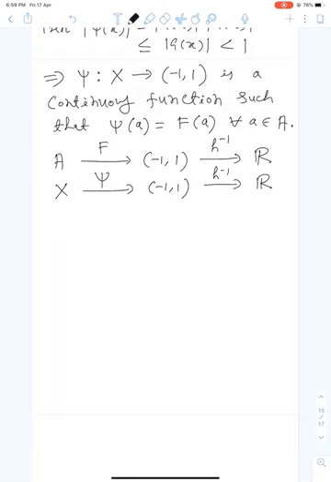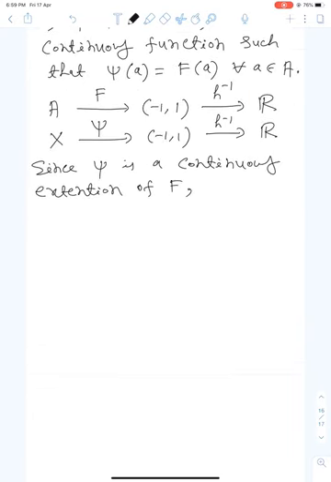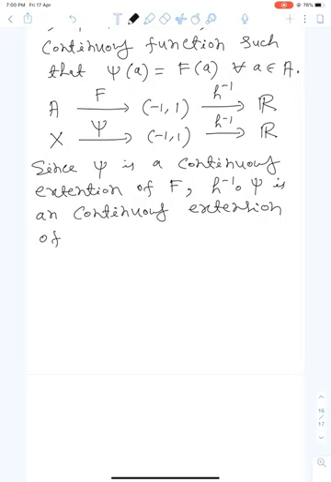Right? Now since psi is a continuous extension of f, therefore H inverse composed with psi is a continuous extension of H inverse composed with f. Now what is my H inverse composed with f?